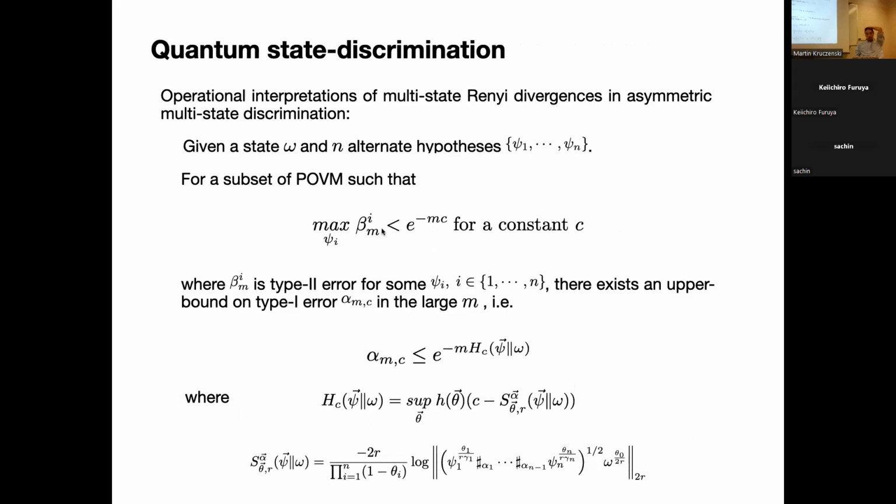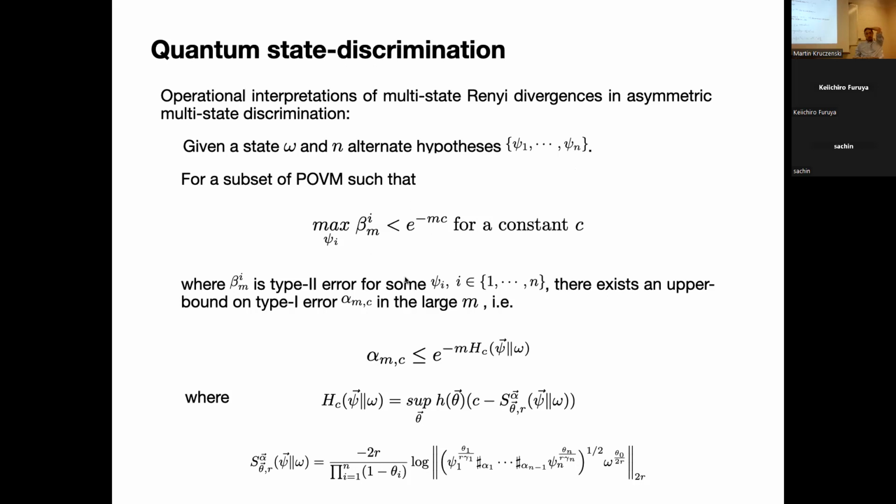You can do the same thing for the multi-state case. Here is the conjecture that we have. Let's say Alice has n+1 states: omega and psi 1 to psi n. Alice sends one of the states from the set to Bob, and Bob needs to figure out which state.